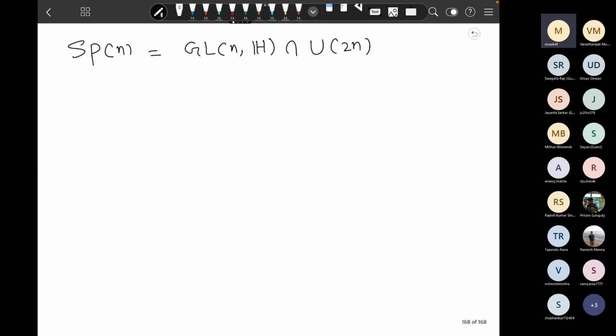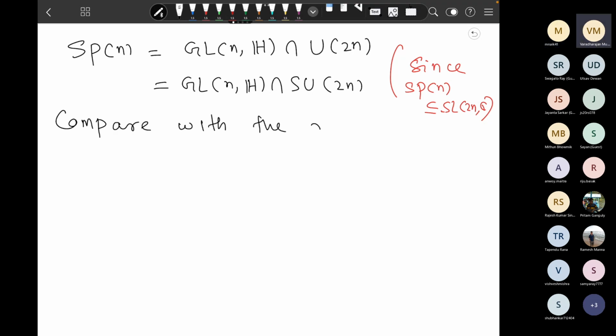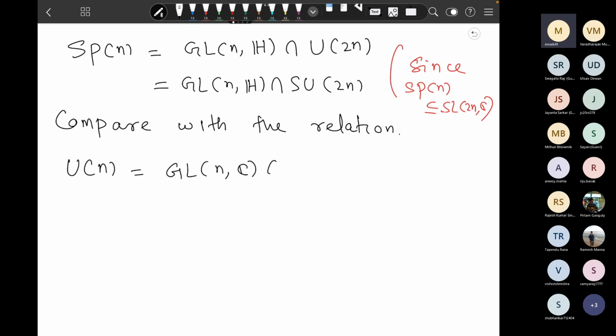So you can get that this is the same thing as GL(n,H) intersection SU(2n). Now compare this with the relation which you have got, U(n) is equal to GL(n,C) intersection O(2n) and GL(n,C) intersection SO(2n). You compare with this relation.